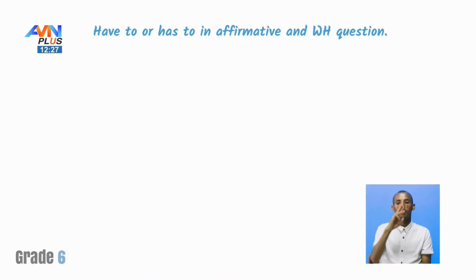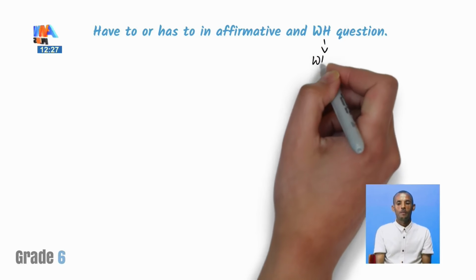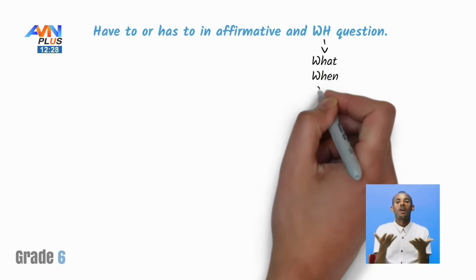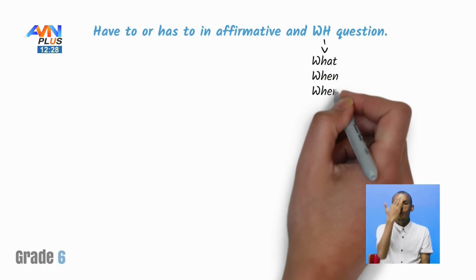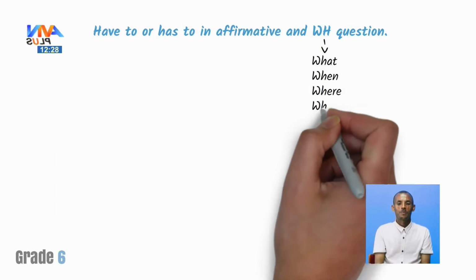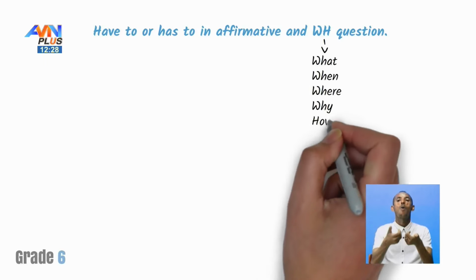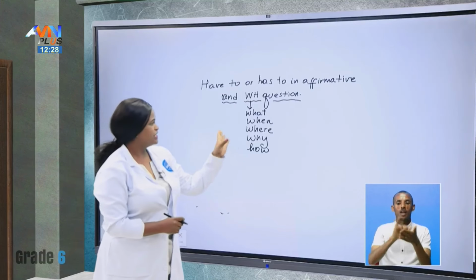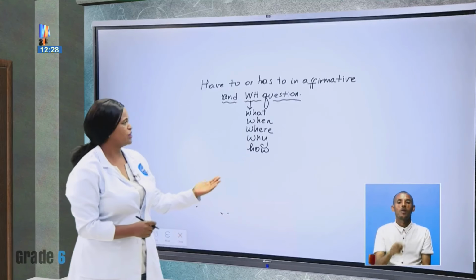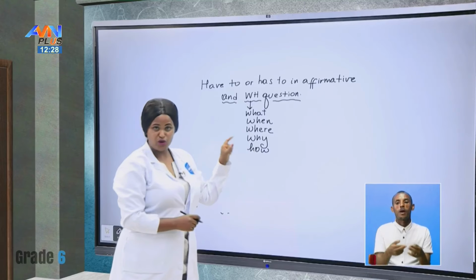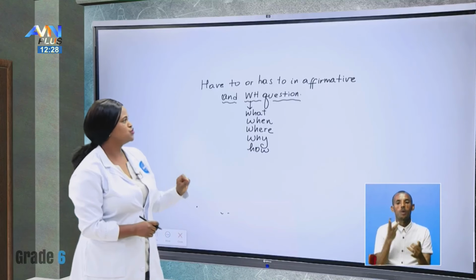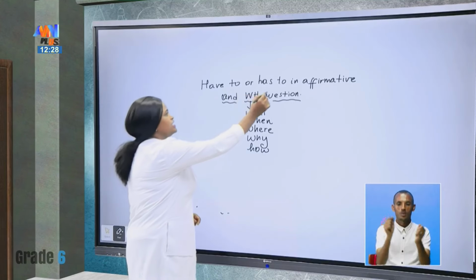The WH questions are what, when, where, why, and how. These are the words that we call what? WH questions. Of course, we can call them relative pronouns, because we use them for a relative pronoun, right? Very good. Today we're going to see how to use these words with have to and has to.